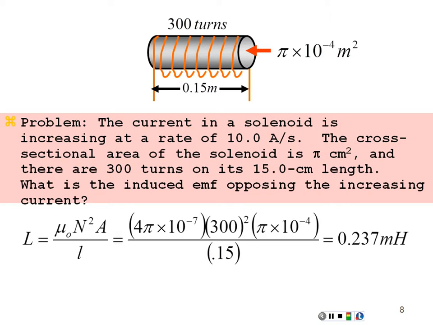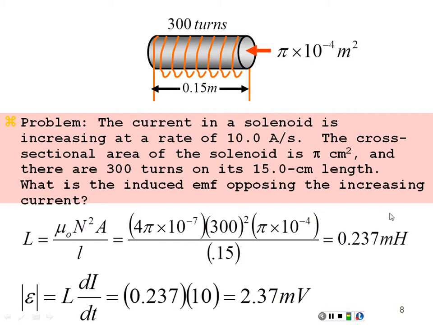Our self-inductance is mu naught n squared area over length. Mu naught is 4 pi times 10 to the minus 7, 300 turns squared, area pi times 10 to the minus 4 square meters, length 0.15 meters, gives us an inductance of 0.237 millihenries.